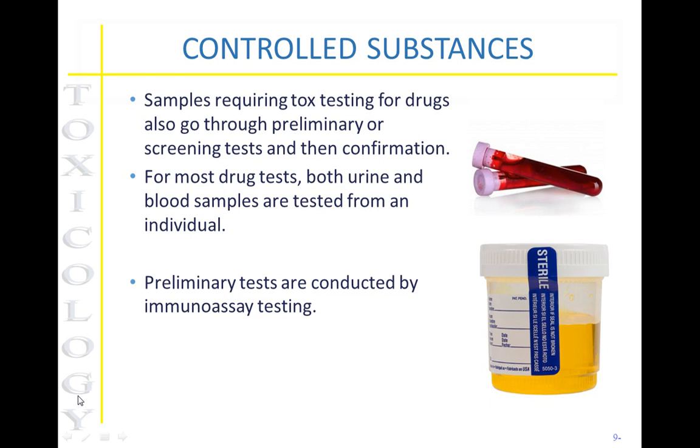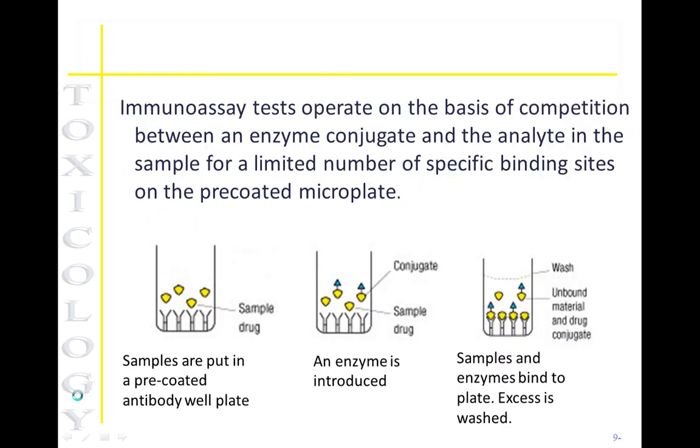In most drug examinations, both urine and blood samples will both be tested from an individual. The preliminary tests are usually conducted by performing immunoassay testing. Immunoassay tests operate on the basis of competition between an enzyme and the analyte in the sample itself, and they are trying to bind to particular sites in pre-coated plates.